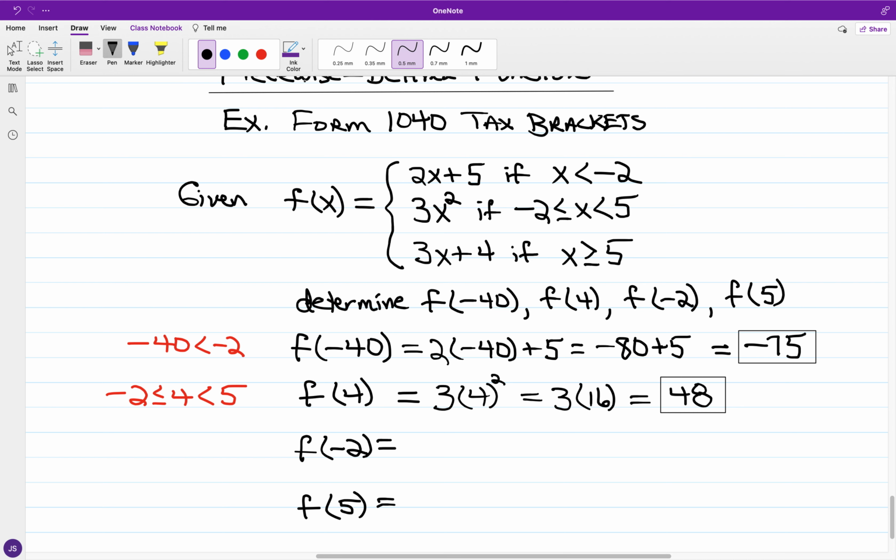So -2 is less than or equal to -2 and -2 is less than 5, that is going to be true. Again, it's not less than itself, but the saving grace to keep this second inequality applicable to the input value of -2 is the equal sign. And so we're going to reapply 3x squared. So this time we have 3 times the square of -2, and the square of -2 is 4, and 3 times 4 is 12.